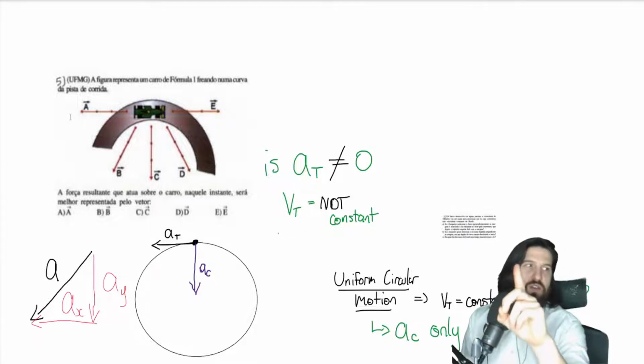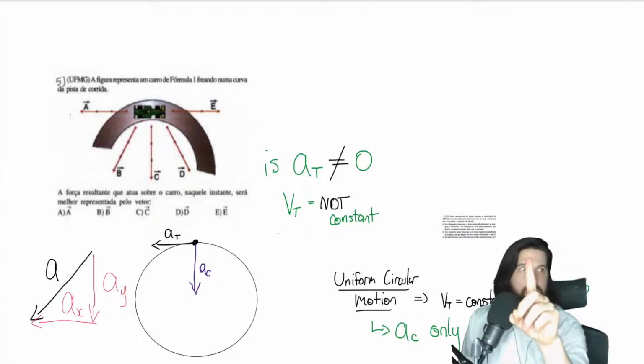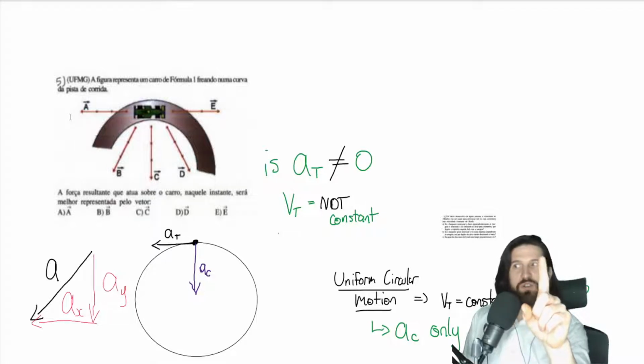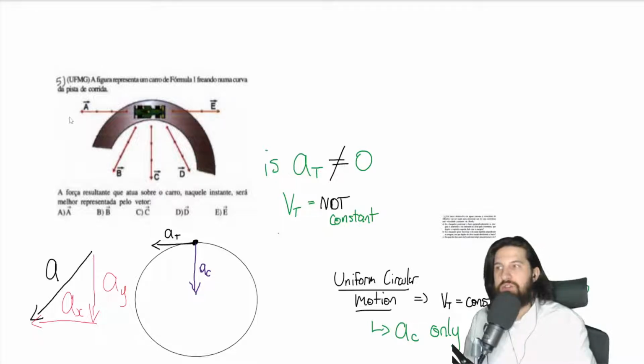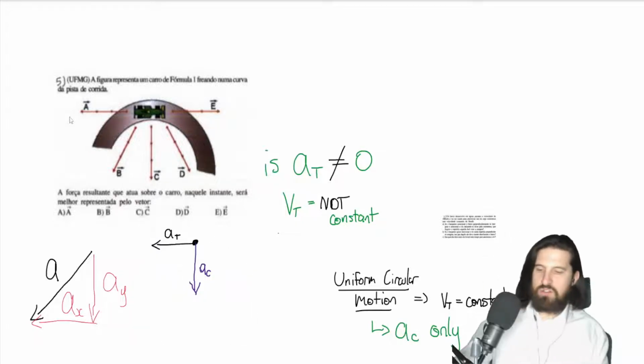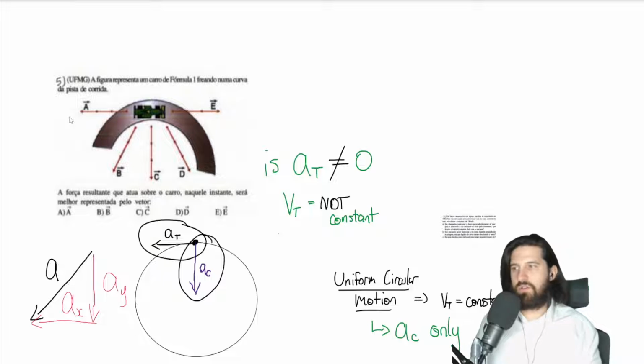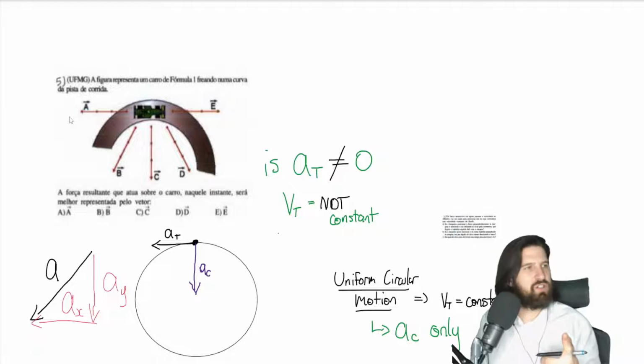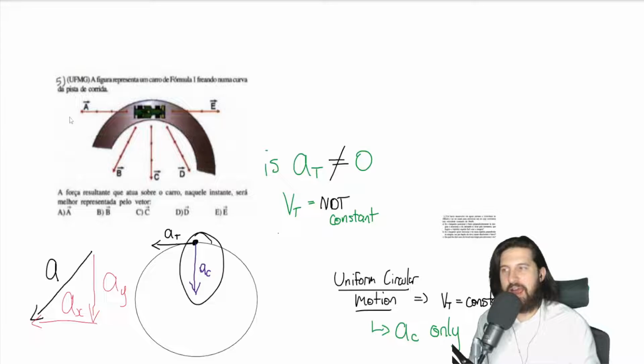But I think that they're going to keep moving along the track, right? Which means there's something pulling them, in the diagram, it's down, which means there's something pulling them down into the circle, right? But then they're also slowing down. So there's 2 accelerations. So how do we answer this as one acceleration? How do we bring them together? We have to say not just down, not just to the left, but down and to the left.